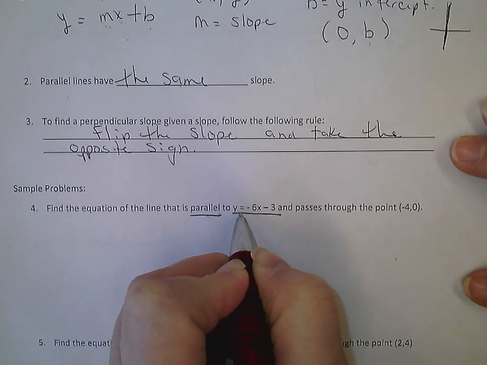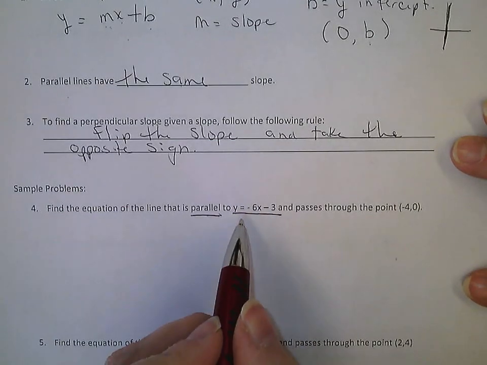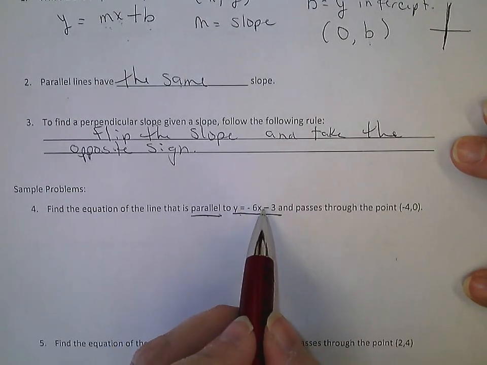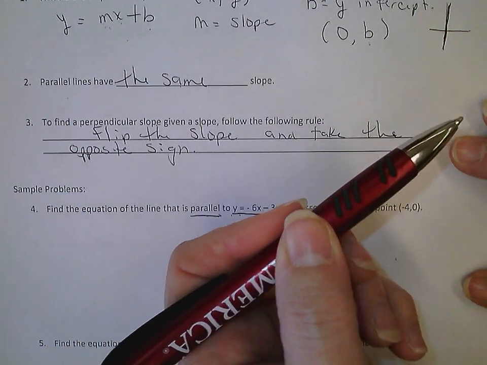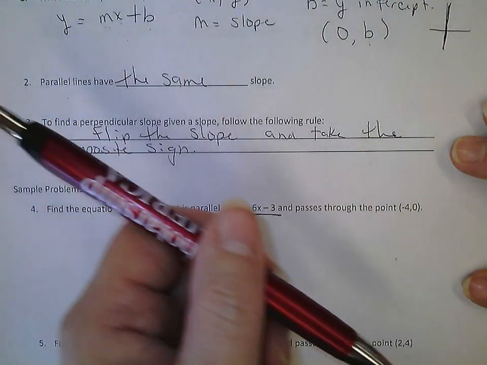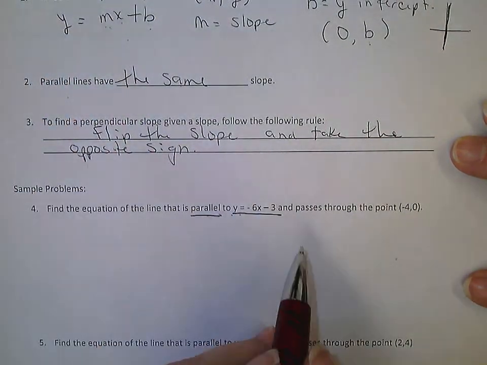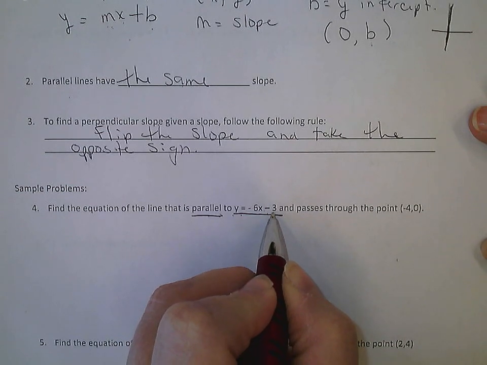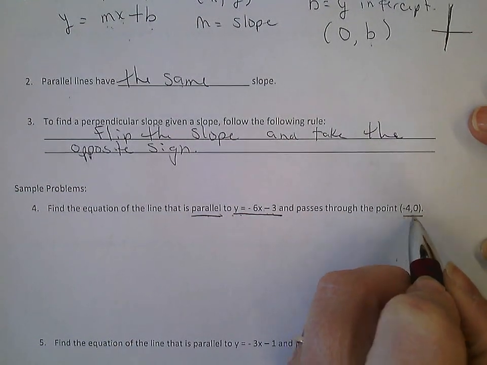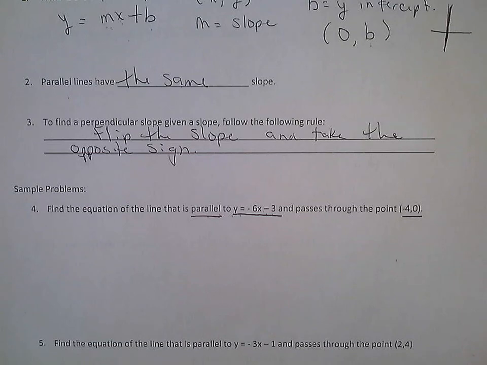What does that mean? If we were to put in an x value, we could get a y value, and they would all be on a line on our graph, with a specific b, which is a negative 3 right here. And we're looking for a line that passes through the point negative 4, 0.